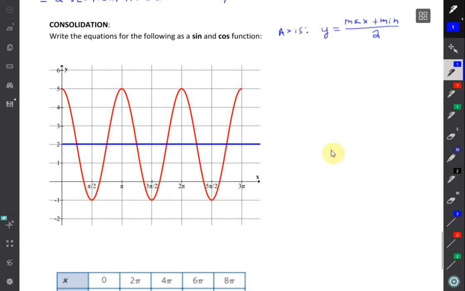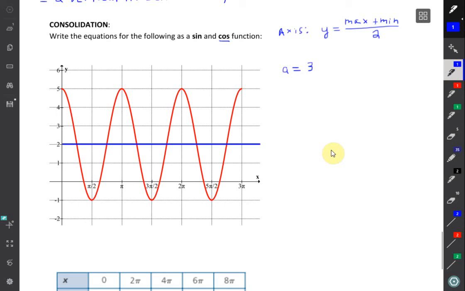Now looking at this graph then, we need the amplitude, which is 2 to 5, so that's 3. So now I'm just going to write my a instead of the amplitude. So this is not reflected, so a is going to be 3. By the way, right now, because it starts at a maximum, my first thought is to focus on this cos here, and then do the sine after with the phase shift.